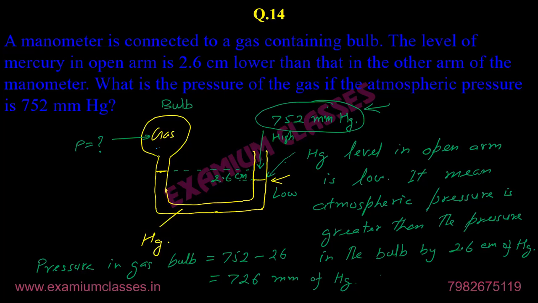The pressure inside gas bulb and the pressure outside. But pressure outside is more because the mercury level is low there. By applying that concept, we get the pressure in the gas bulb as 726 millimeter of Hg. I hope it's clear. Any confusion you can ask.